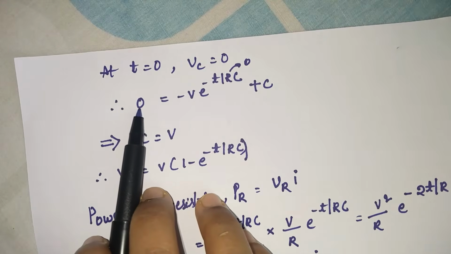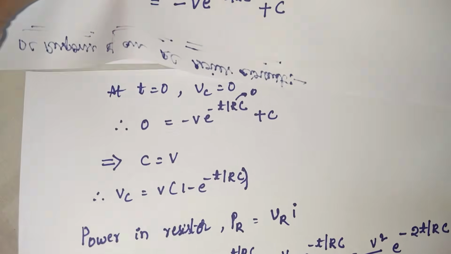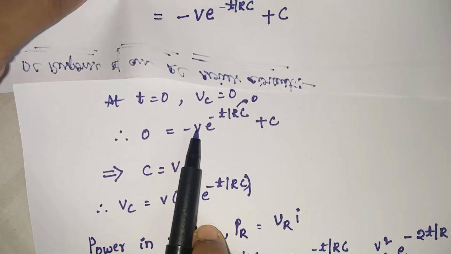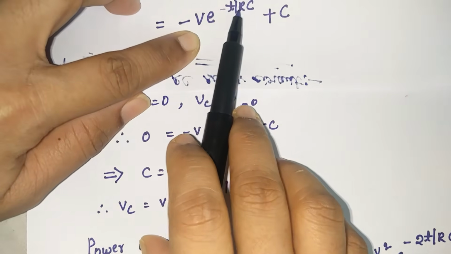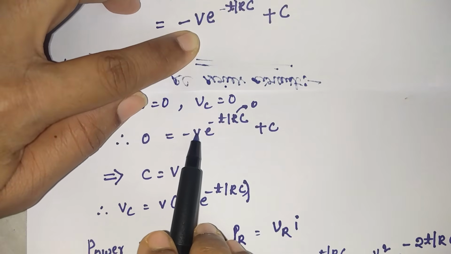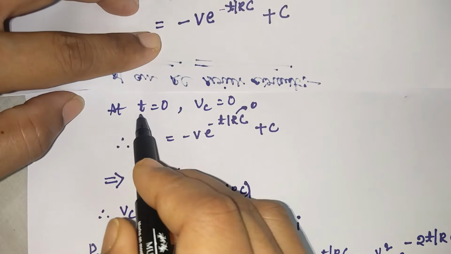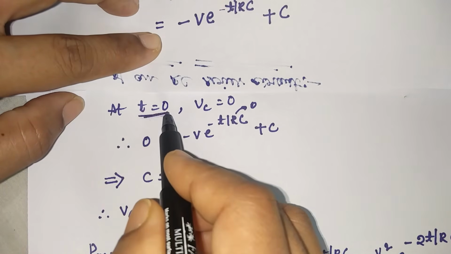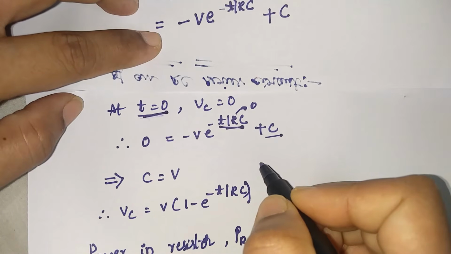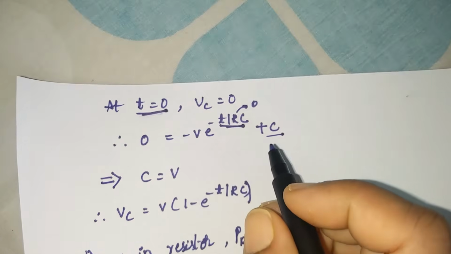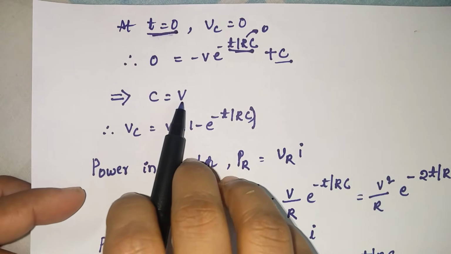Initially, voltage across the capacitor is 0, which is equal to minus V e power minus t by RC. Because at t equal to 0 we are substituting, this value will be minus V plus C. Clear? So now from this equation we can find the value of C as V.